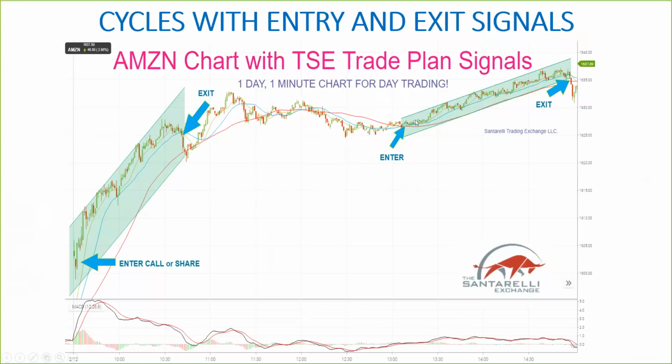There's your entry. And you're still in that stock until about an hour and a half later, where you went from around $16.26, $16.27 a share all the way up to almost $16.40 a share in a short period of time. And again, utilizing call options there, that's a significant return in a small period of time.